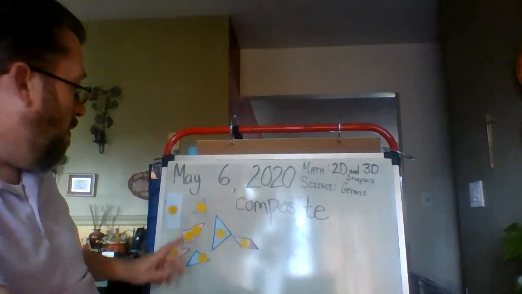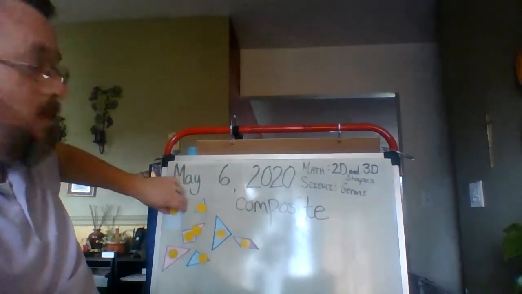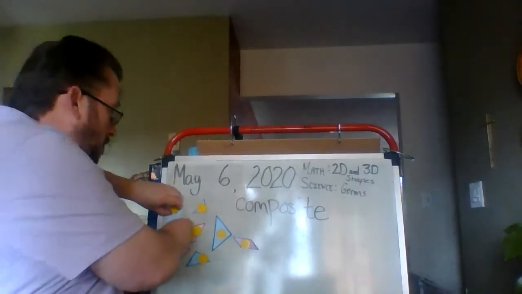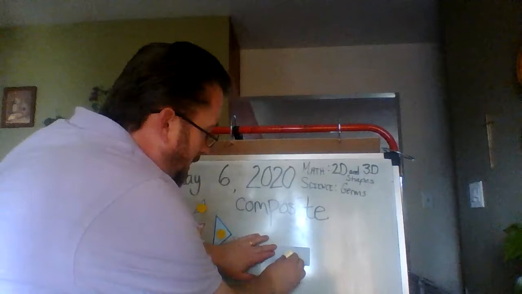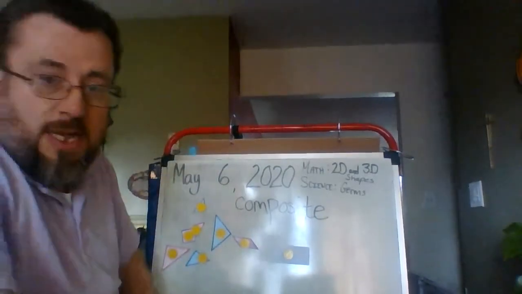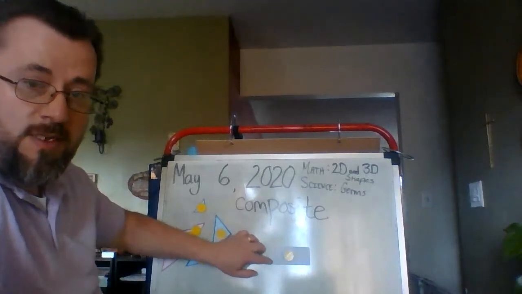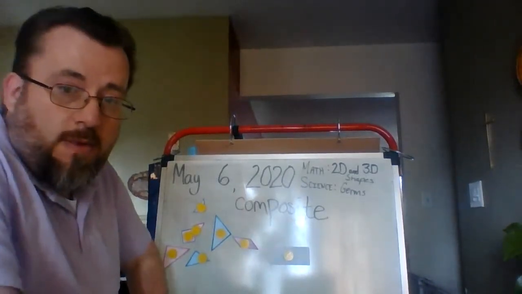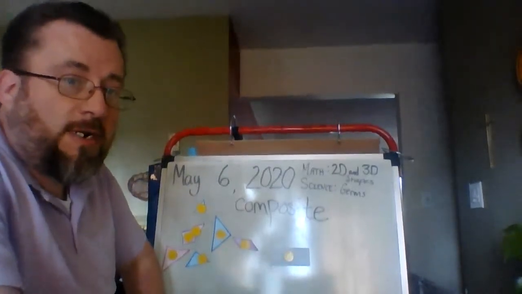To put them on the whiteboard, I'm just using some magnet counters to hold the paper to the whiteboard. So the first shape I'm going to put down is a rectangle. That's the one that I made for myself out of the scrap paper from the sheet. So you might want to do the same thing. Make yourself a rectangle too.